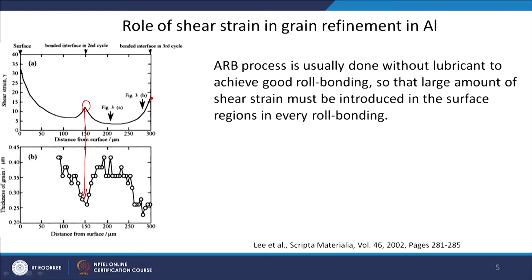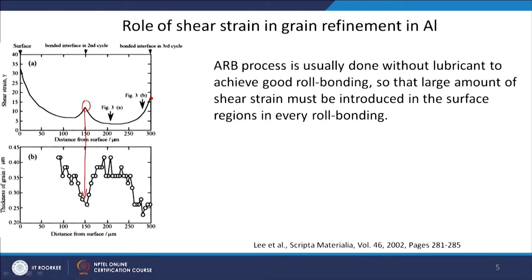They have measured not the grain size, because you are continuously flattening the grains here through the rolling process. So, the thickness of the grain is showing a sharp dip wherever the shear strain is very high. And again when the next shear strain cycle is there, again there is a dip.